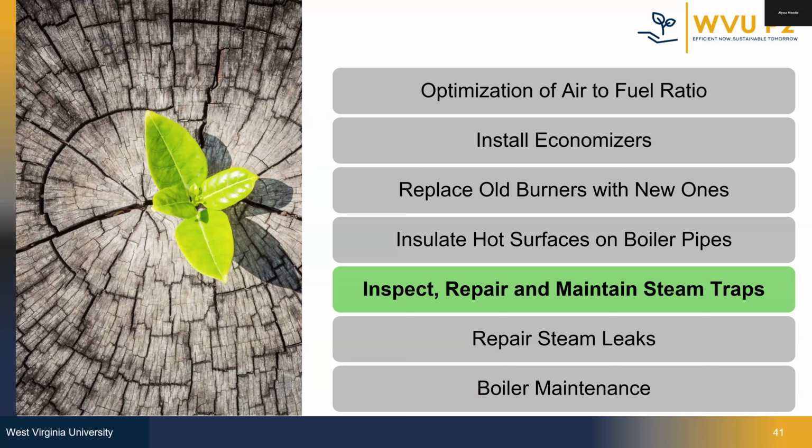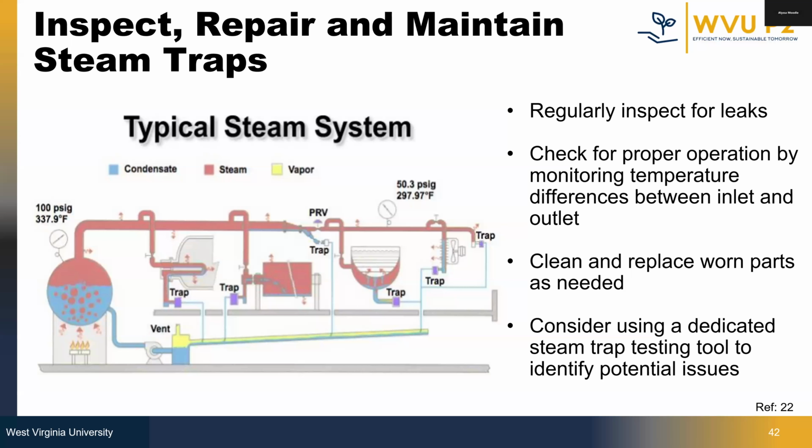Next, one often forgotten part of a steam system that can affect efficiency, if not properly maintained, is steam traps. Steam traps play a key role in efficient steam system operation. Here you can see a schematic of a typical steam system with traps located throughout to remove condensate without losing valuable steam. To keep these systems running efficiently, it's important to regularly inspect traps for leaks or malfunction.